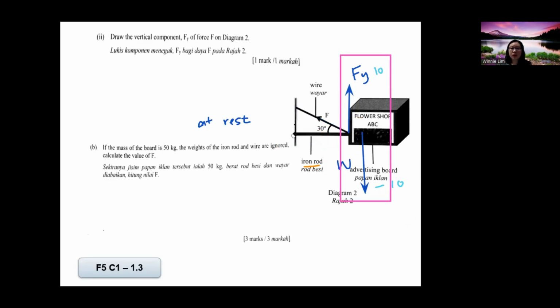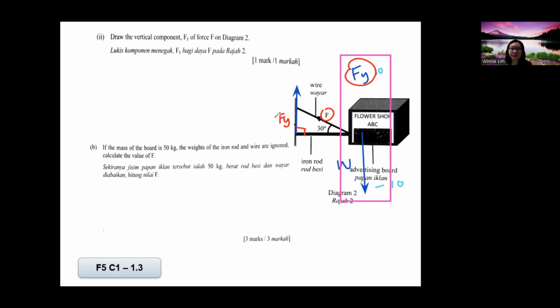Okay, since we already know they have to be equal, but first step, you need to know what is actually Fy. So how do you link the relationship of this Fy with F with this angle? Generally, I can shift this Fy over here, then it actually becomes a right angle triangle. Then you use trigonometry to get the relationship. So I want to know what is my Fy. I have F, I have 30. So which trigo do you all use?